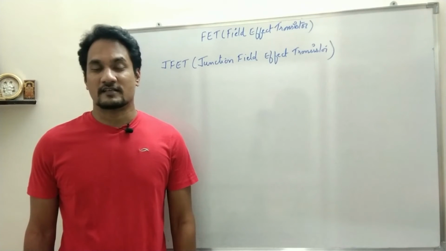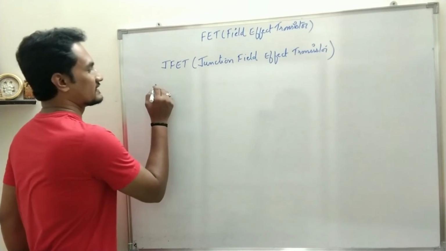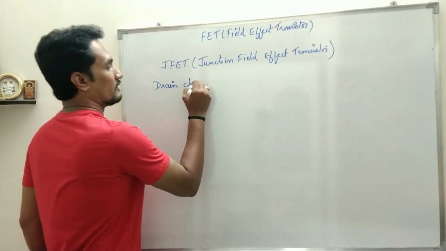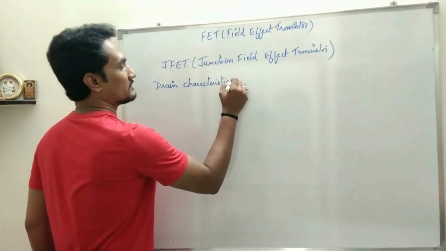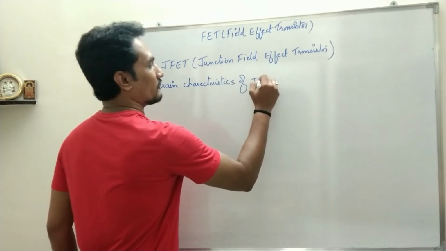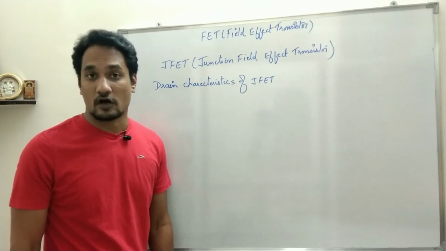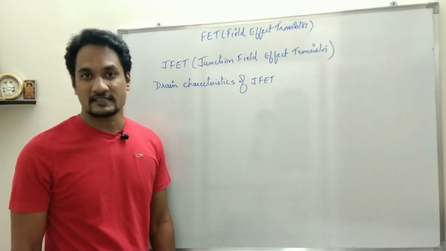Next, let us try to understand the electrical property of JFET. We call it drain characteristics of JFET, and the graph which I am going to draw and explain is true for both N channel as well as P channel.